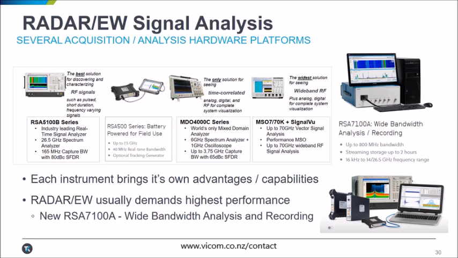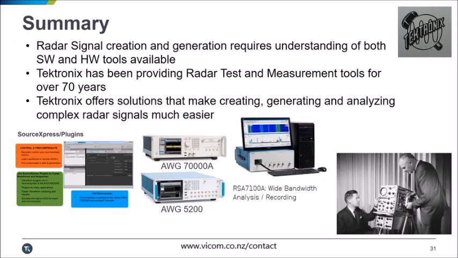Also, Tektronix has tried to make analysis as easy as possible and maintain the same analysis software with the same user interface for all the RF analysis products available, including the latest 70 GHz real-time scopes. So if you want to know radar, Tektronix knows radar, and we provide the best tools available to support all your needs in this very complex application environment.